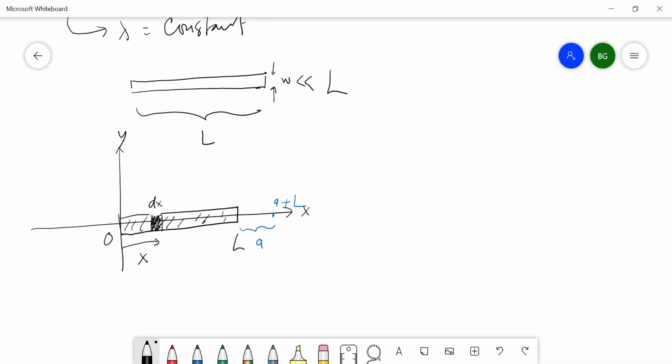What is the source coordinate? The source coordinate in this case is x, and the field coordinate here is equal to A plus L.